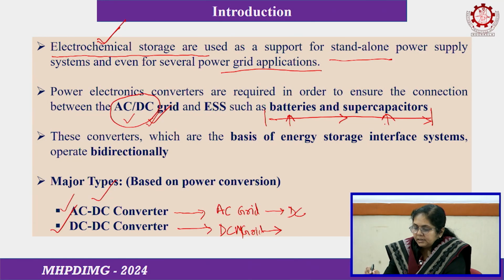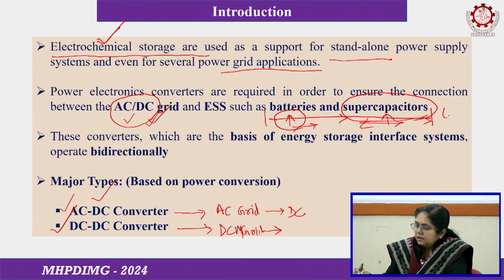Batteries can be used for steady state applications, and for transient applications we use the supercapacitor or ultracapacitors in the microgrid, so that it reduces the size of the battery. That is the type of storage used on the energy storage side.